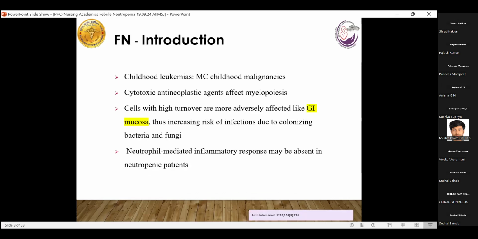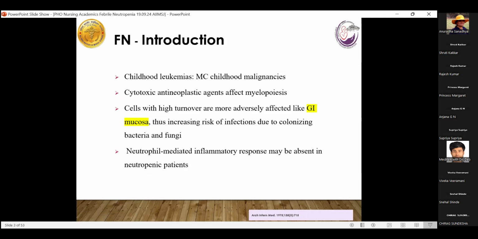So febrile neutropenia, as we all know, in childhood malignancies, childhood leukemia is the most common malignancy. The cytotoxic anti-neoplastic agents that we are giving as part of our chemotherapy also affect the myelopoiesis. The cells with high turnover, such as GI mucosa, are at increased risk of infection because of the colonizing bacteria and fungi.